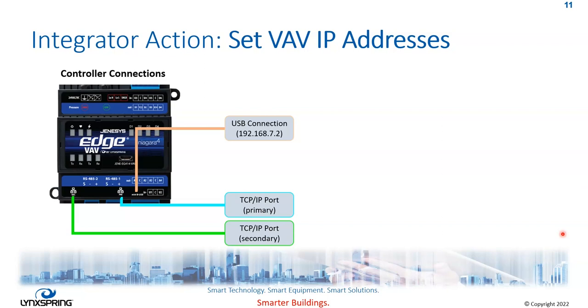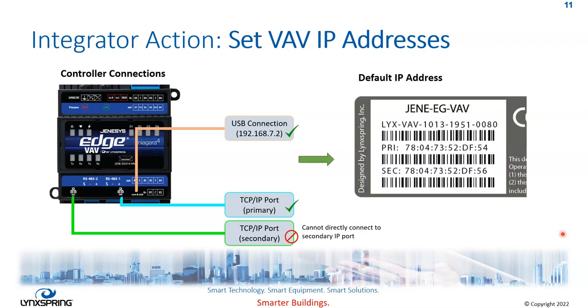It is disabled by default, and it's used primarily for daisy chaining. You can enable this port, but then you lose the daisy chain functionality, so we recommend that we don't enable it at all.